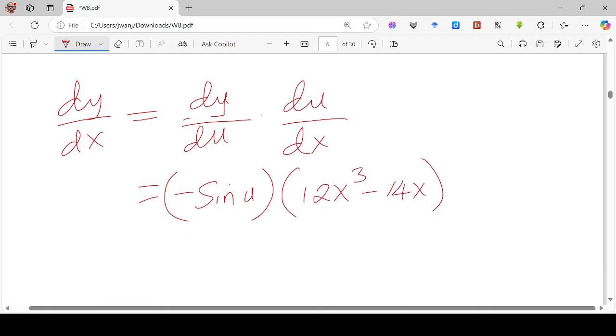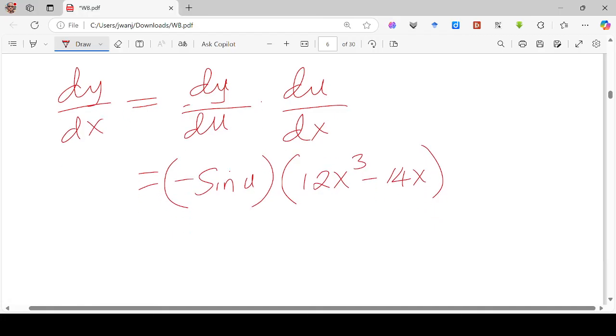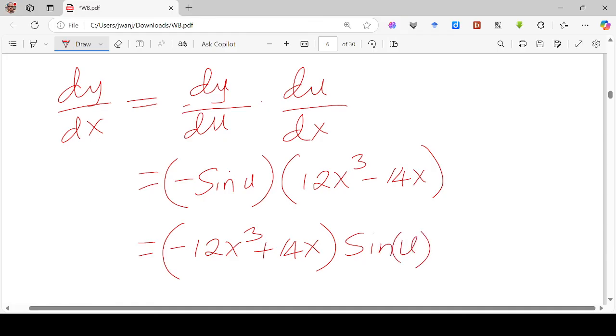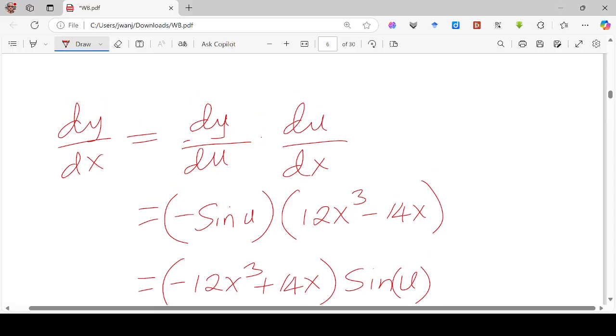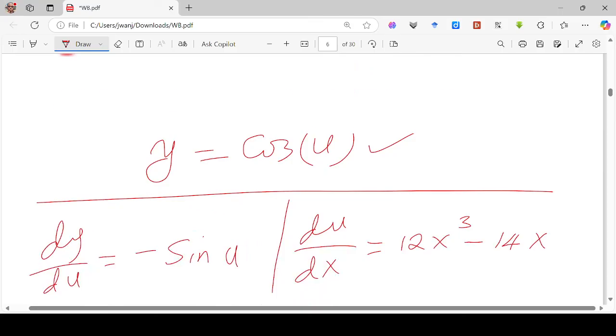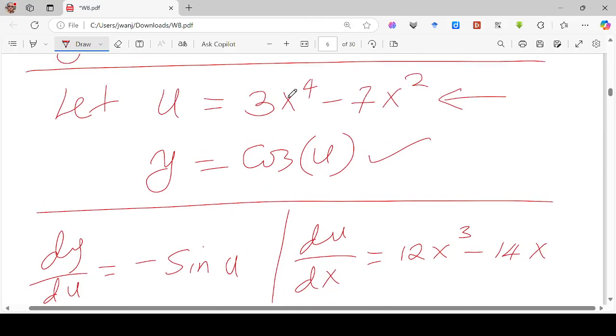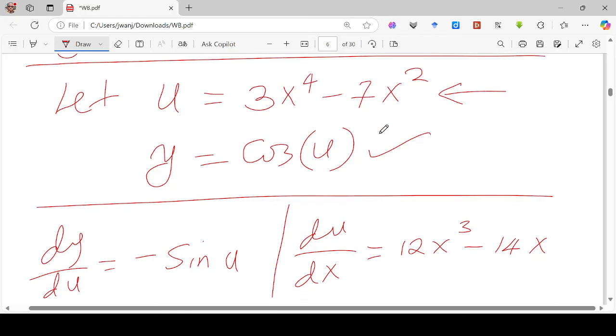So we can write this one as minus 12x raised to power 3 plus 14x multiplying sine of u. But now what was u? The function u, we had it up here. u was 3x raised to power 4 minus 7x squared.